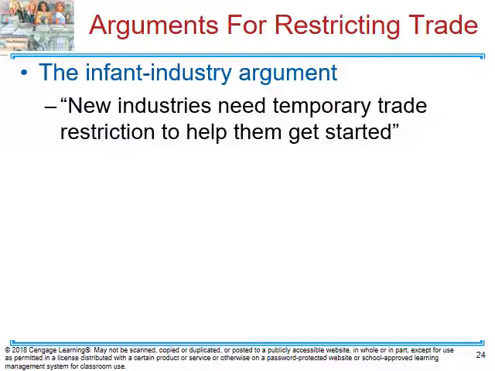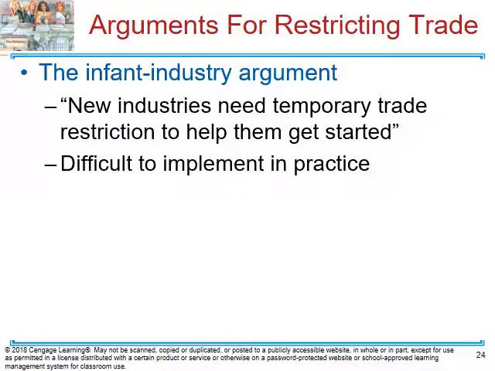But if they think that this industry is profitable in the long run, they will accept this initial loss in order to gain profits in the future. So this infant industry argument is not always valid. And it's also difficult to implement because it's hard to decide which industry to protect and which not to.